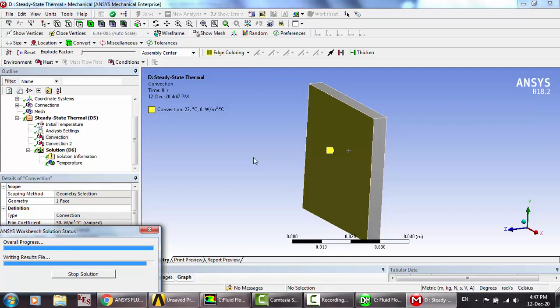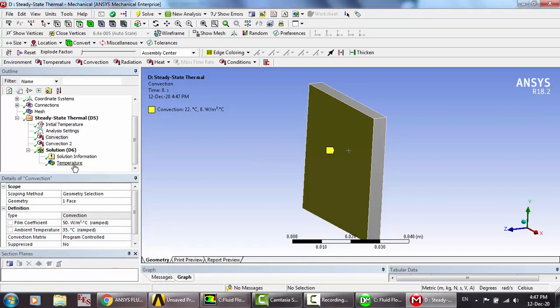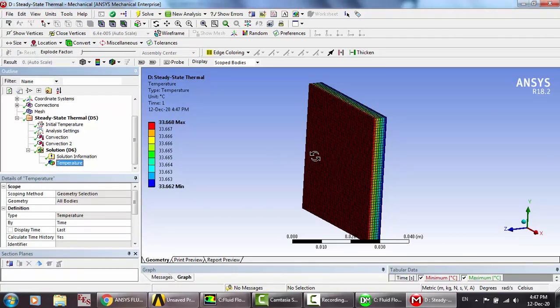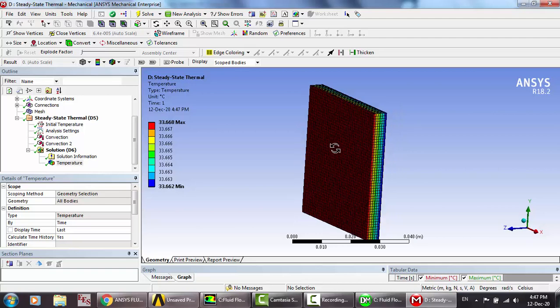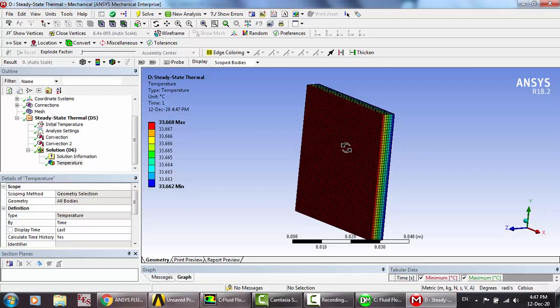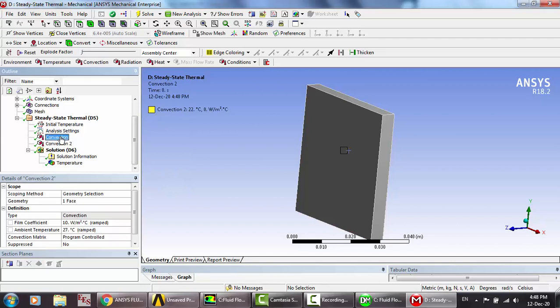Here is H, and here is 36.62, and here is 336.68. So the surface temperature here increased. Okay, it was 1, but now it increases.